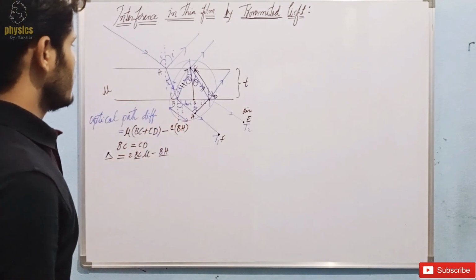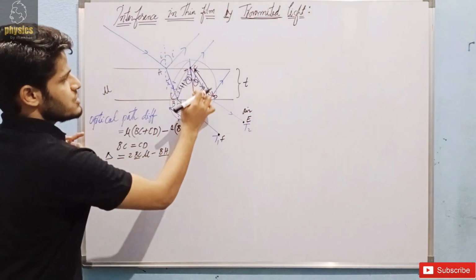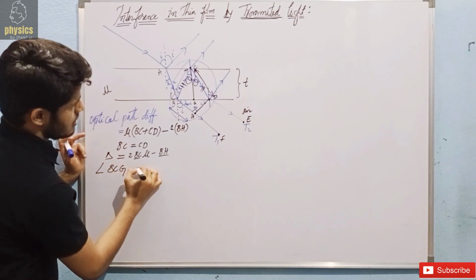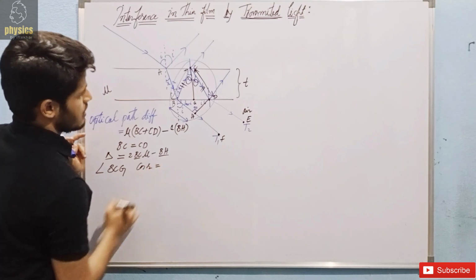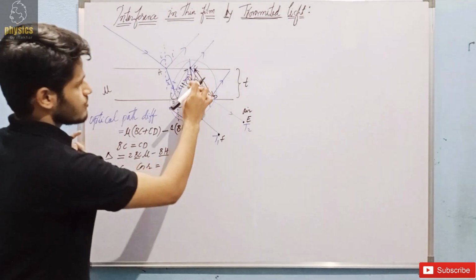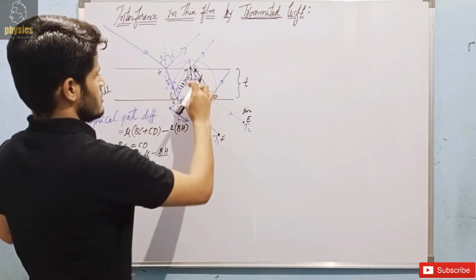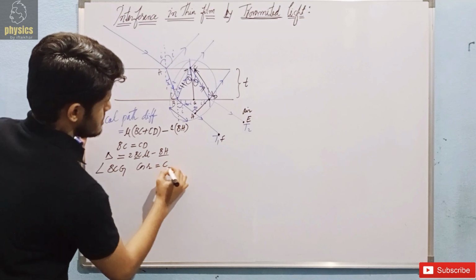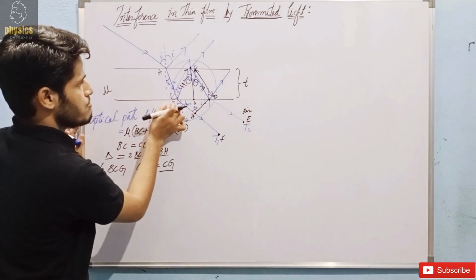So from triangle BCG, cos R is equal to adjacent by hypotenuse. What is the adjacent? That is CG divided by the hypotenuse BC.